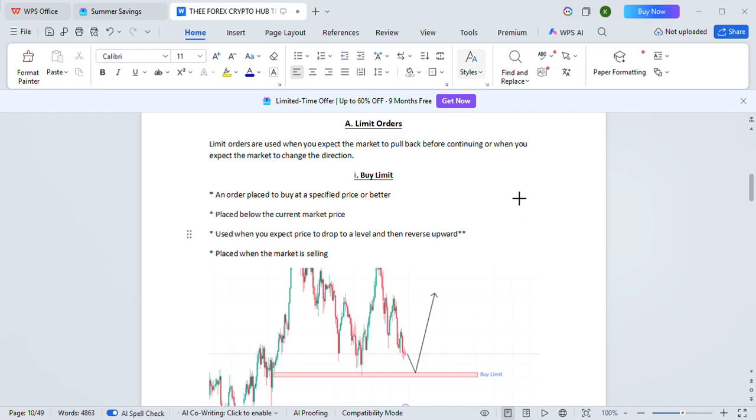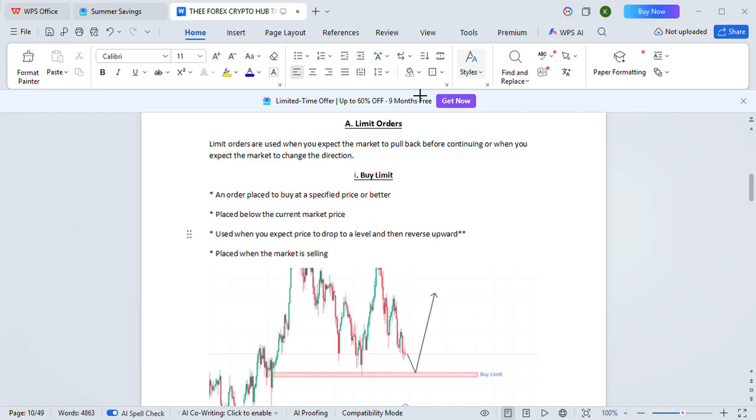Remember, currently the market is buying, so we expect it to continue buying up to where we have our point of interest. That is now 43.50, and then at 43.50 we can take the sell there. I don't know whether you have understood that. That is what we are calling a sell limit order.